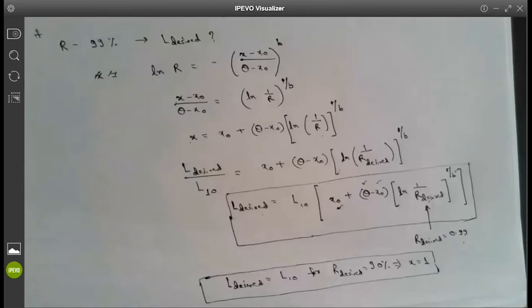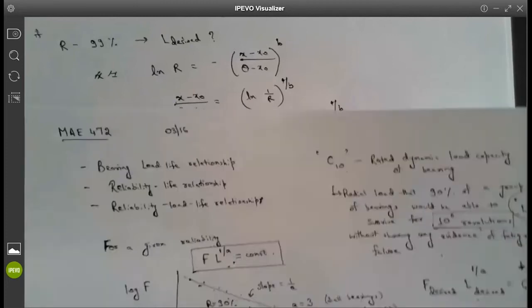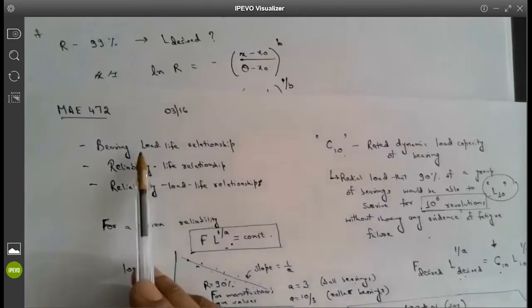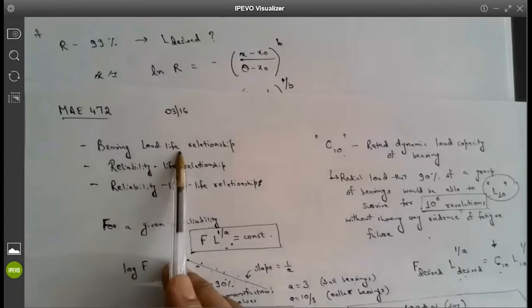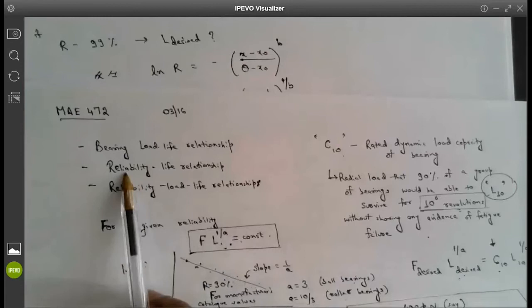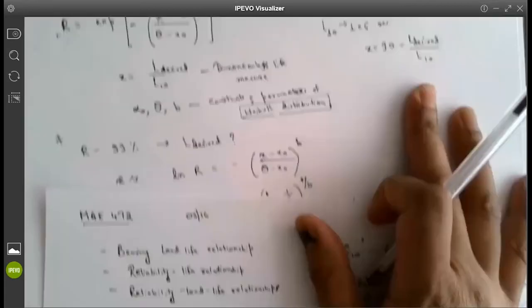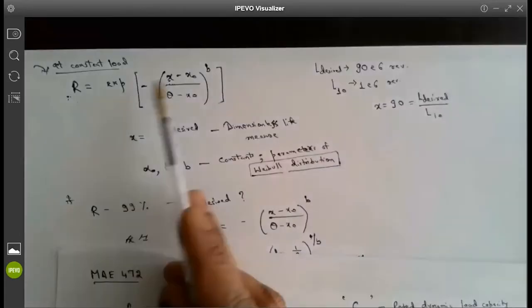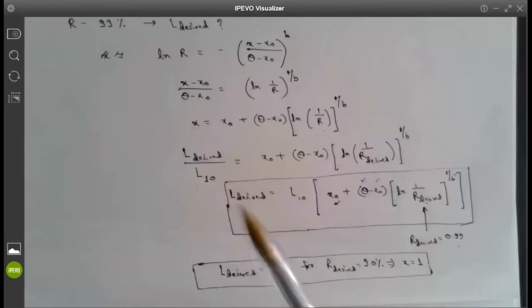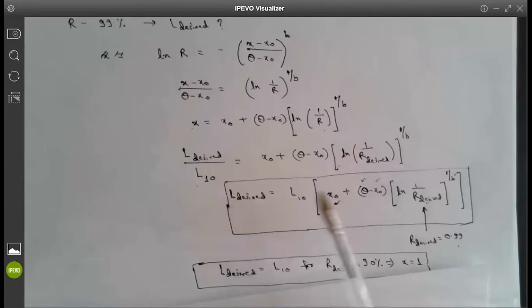Great. So now we are combining all three together. Let me first recap what we saw so far. We saw the load-life relationship, load and life, how they are related. Then we saw the reliability-life relationship, where reliability is R and x is life. We solved that expression and got L, life, and desired reliability, so how life and reliability are related.